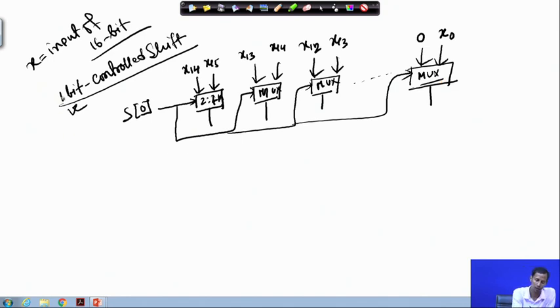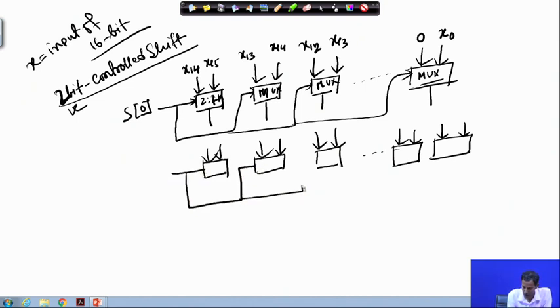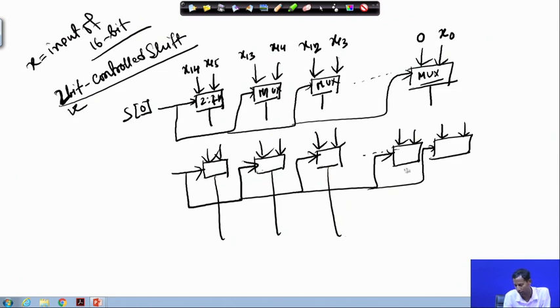If I want 2 bit, at that time only the bit positions will change, right. So, how will the bit positions change? If I consider this as a select line, each of these is a 2:1 mux.